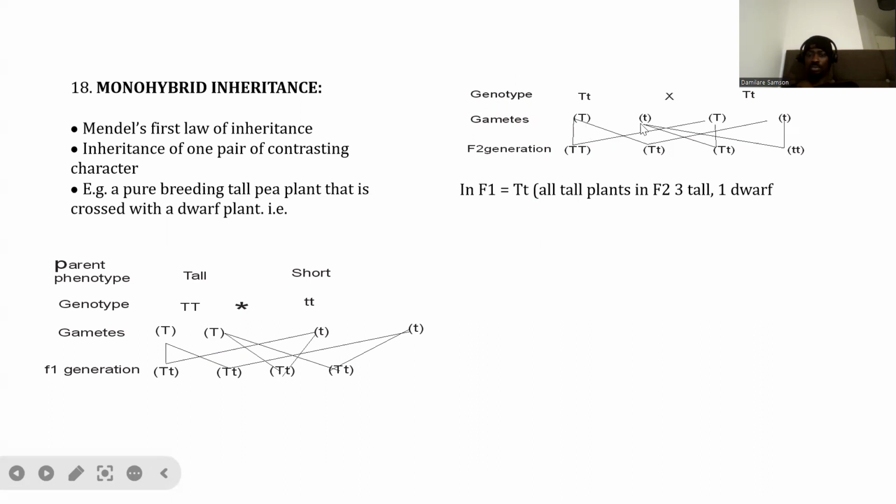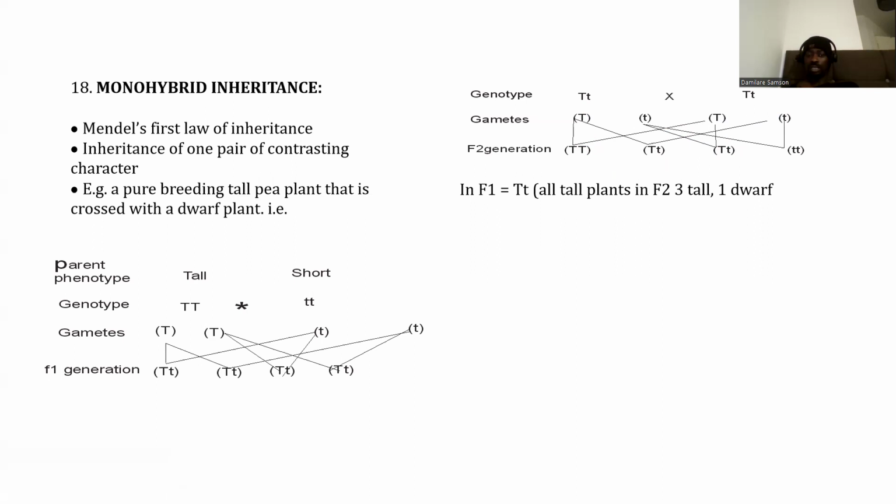So we have capital T small t, capital T small t. And during the crosses, capital T goes to capital T, capital T goes to small t, small t goes to capital T, small t goes to small t.